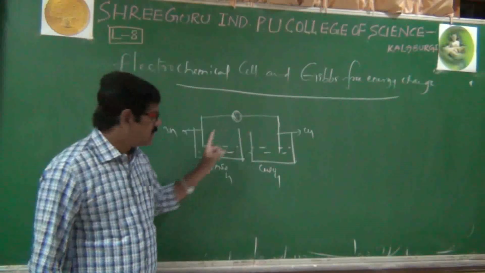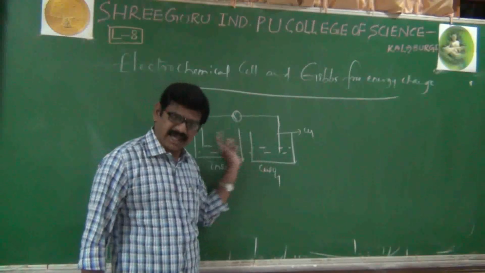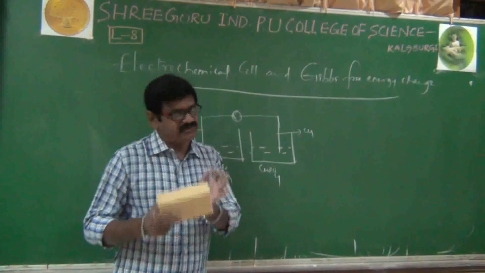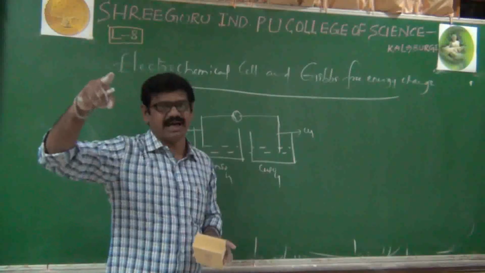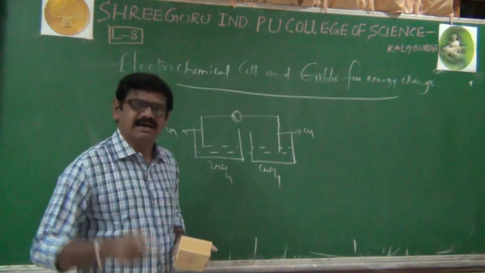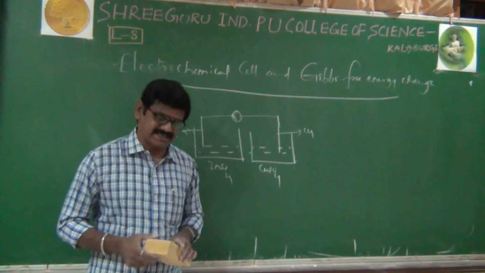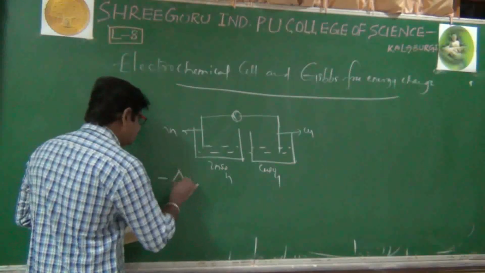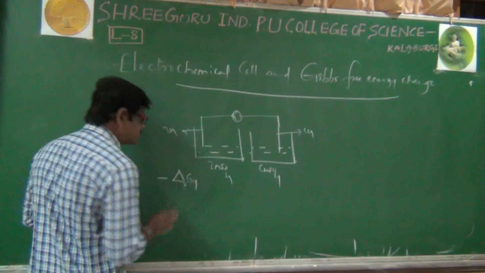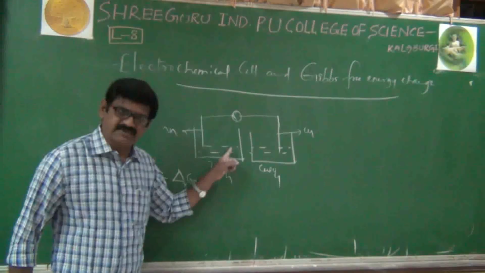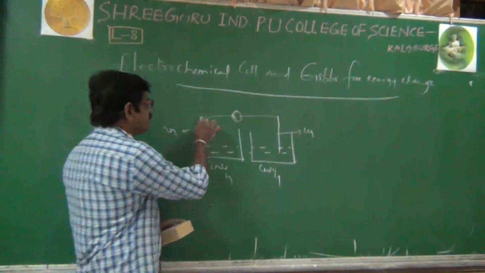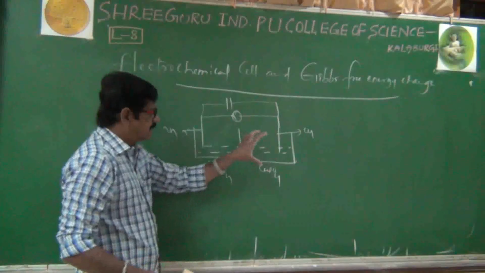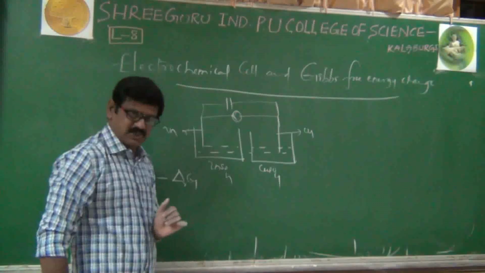I'll repeat once again. During a spontaneous redox reaction, this cell is losing some amount of free energy. That energy appears as work done, nothing but electrical energy. Therefore, we will write like this: minus delta G, of course reversible, because this cell is reversible. Reversible means if you apply an external potential, the cell will work in the reverse manner also.